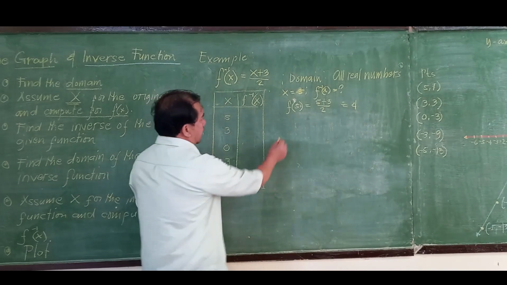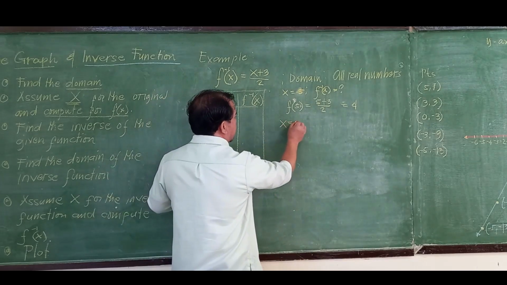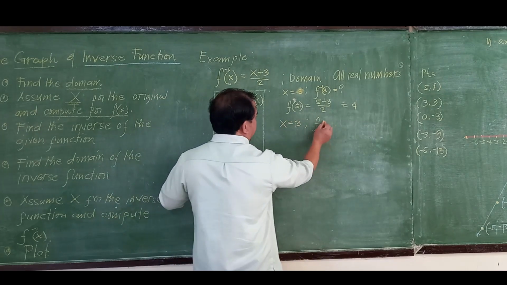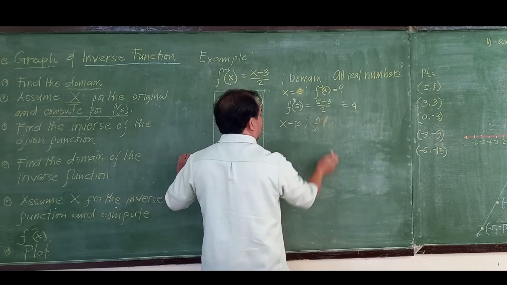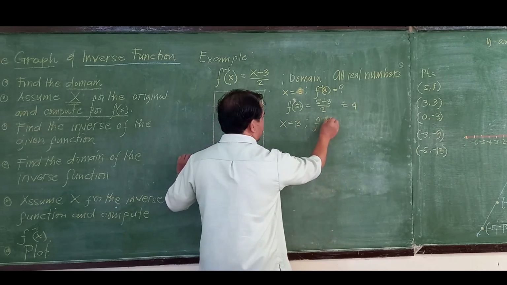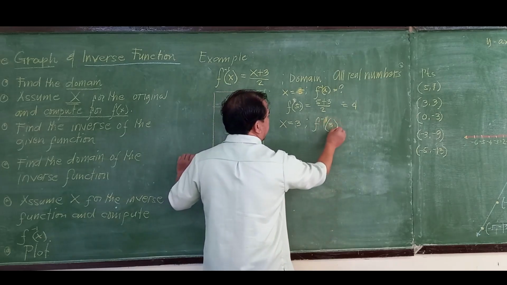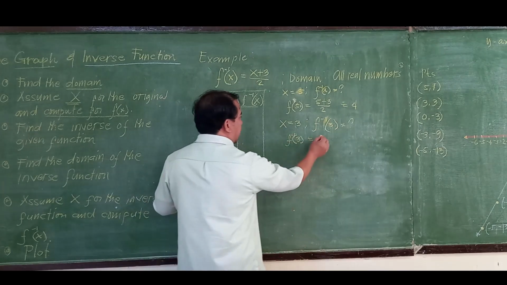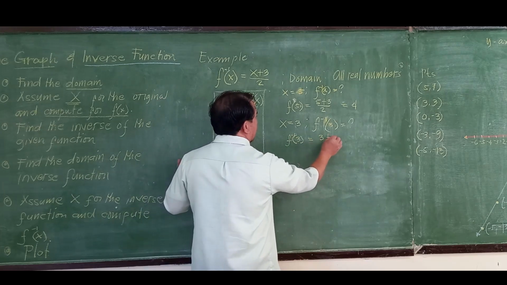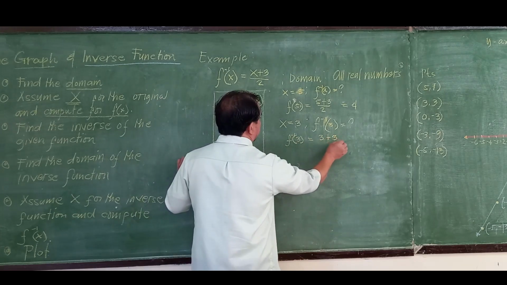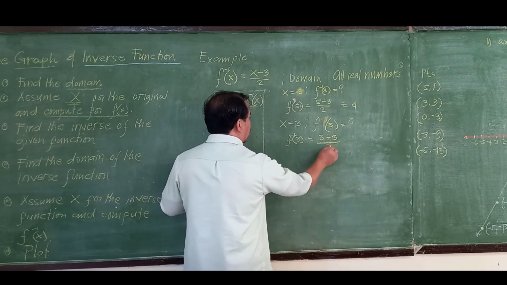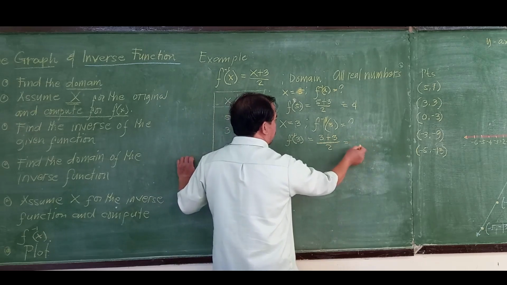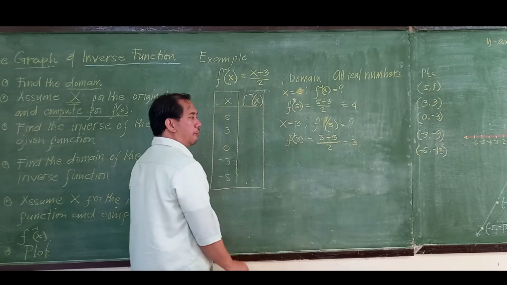Next, what if our x is positive 3? What would be the result of the inverse function of 3? f of 3 is equal to 3 plus 3 divided by 2. Result? 6 divided by 2? 3.